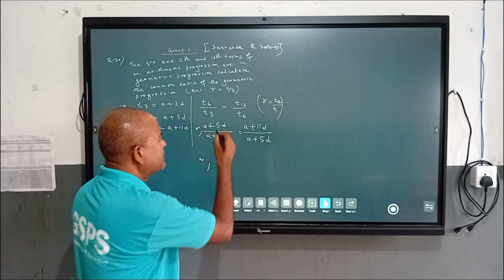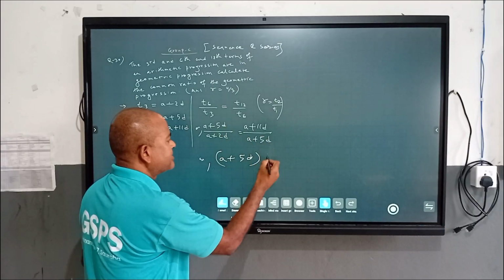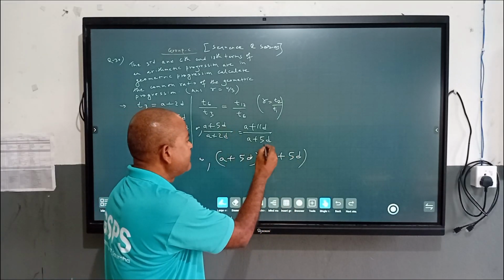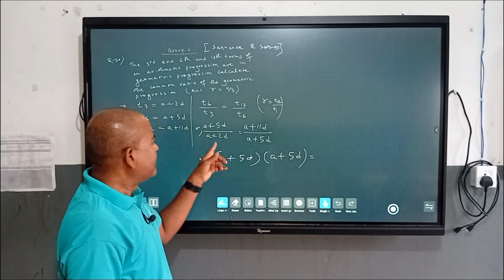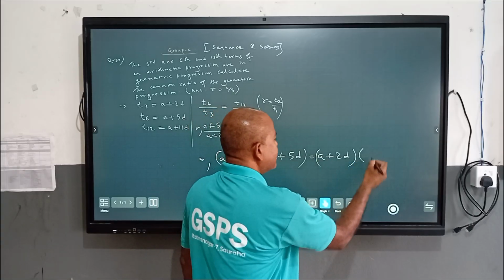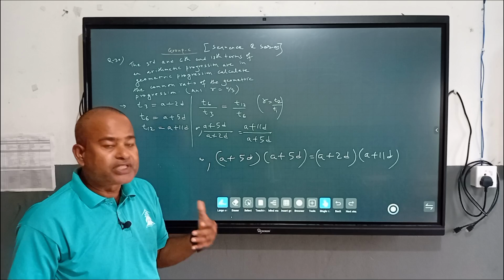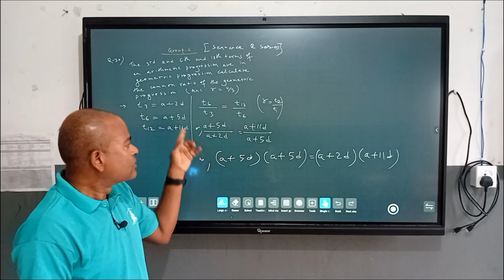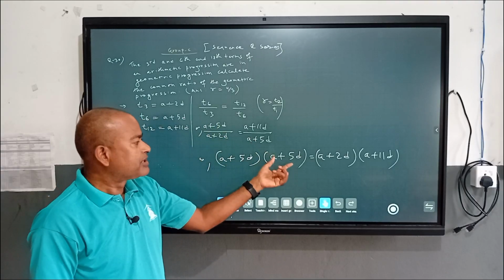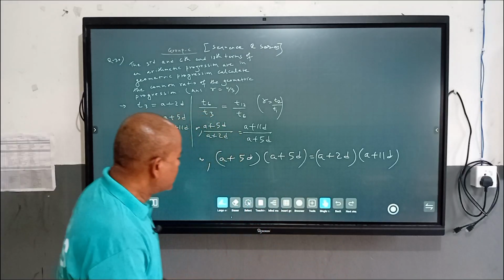After cross multiplication we get a plus 5d times a plus 5d equals a plus 2d times a plus 11d. So let's solve it further.